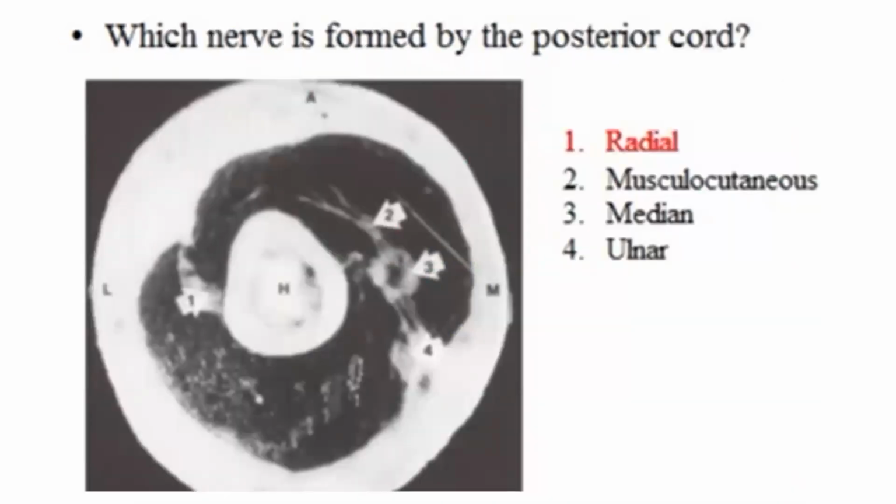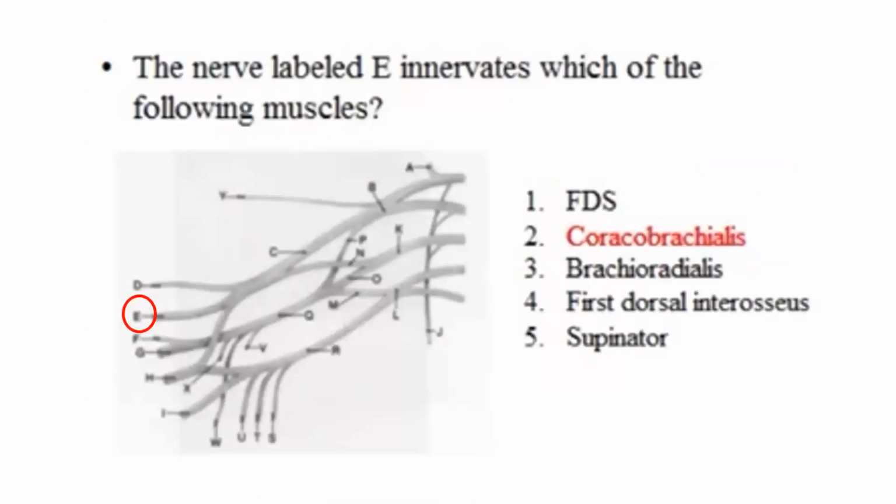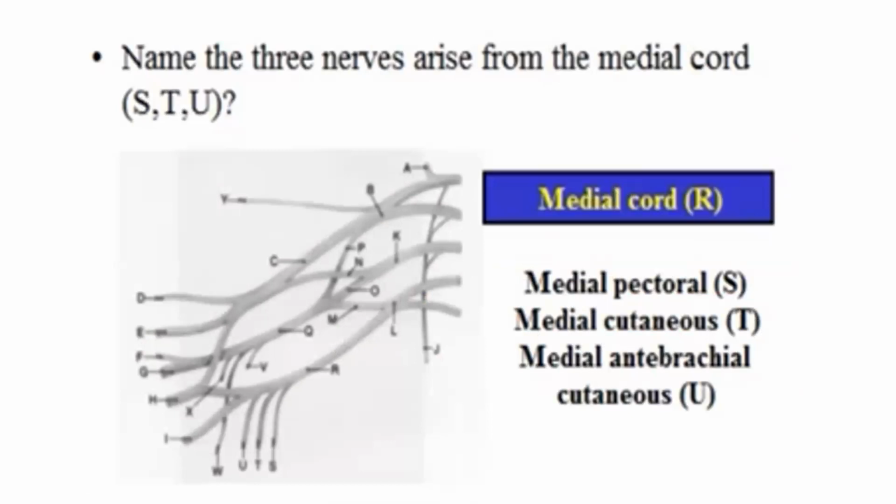Okay, which nerve is formed by the posterior cord? This is very straightforward. It's the radial nerve. The nerve labeled E, which is the musculocutaneous, is supplying the coracobrachialis, known at the coracoid process, the origin. Name 3 nerves that arise from the medial cord. These are the lists.